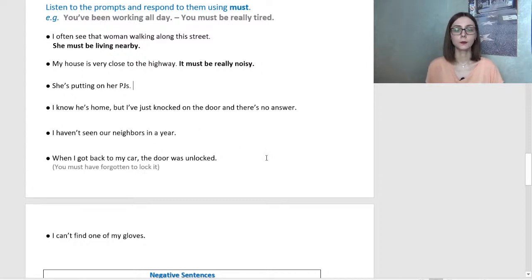She's putting on her PJs. So if you don't know, PJs means pajamas. This is the contraction of this word. So she's putting on her PJs or pajamas. Let's make an assumption.